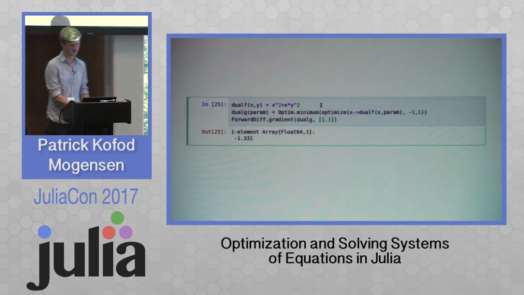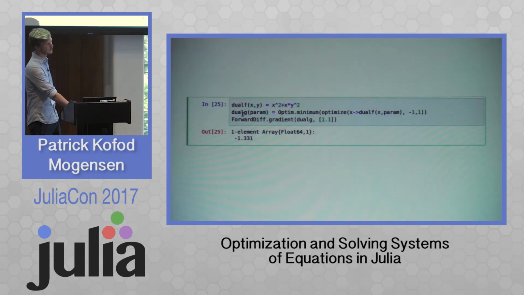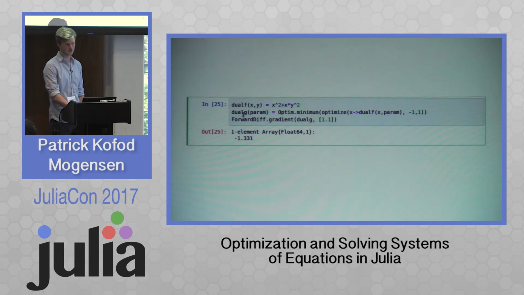But OK, so we specify the function, and then we make a new function that is our capital G from before. And that function does what? It calls the minimum function from Optim. That's the one that tells you what the minimum was, given the optimization results of the optimize call to this function that is a function of both x and y.